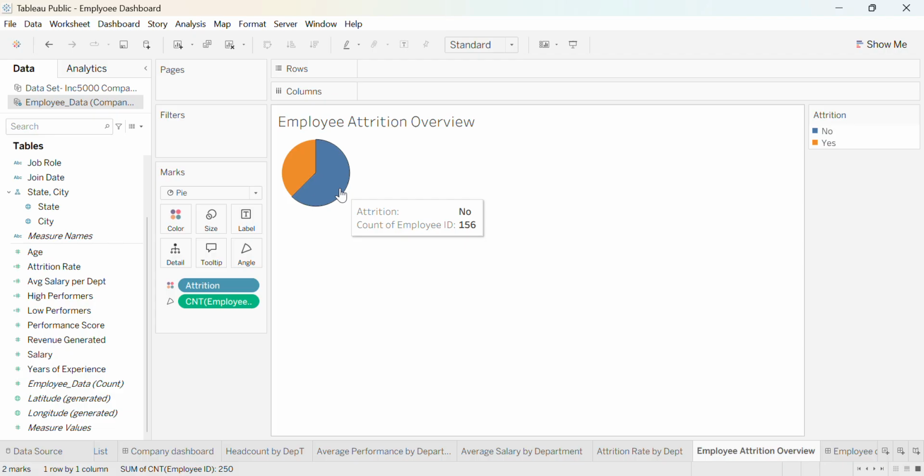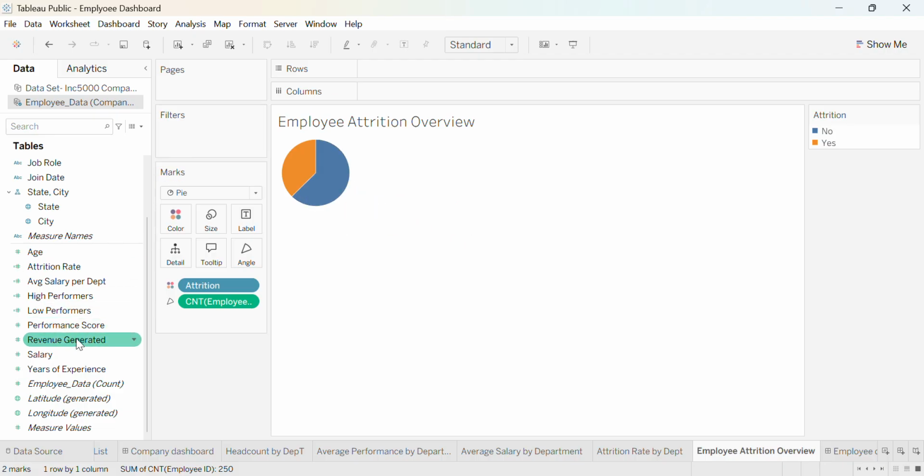This means the company is losing more than one third of its workforce. Every time an employee leaves, the company spends 1.5 to 2 times that person's annual salary to hire and train a replacement. So this attrition is not just a people problem, it is a massive financial problem.